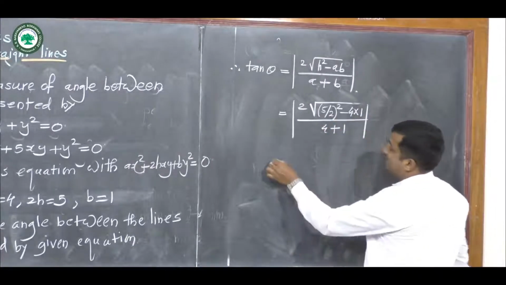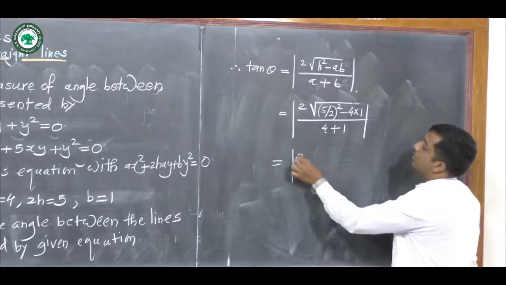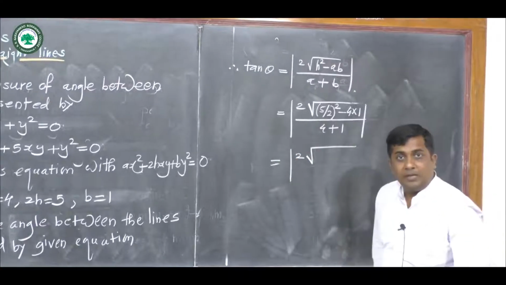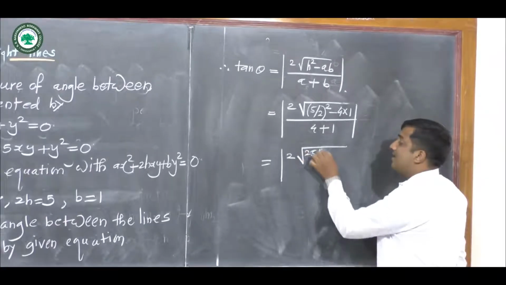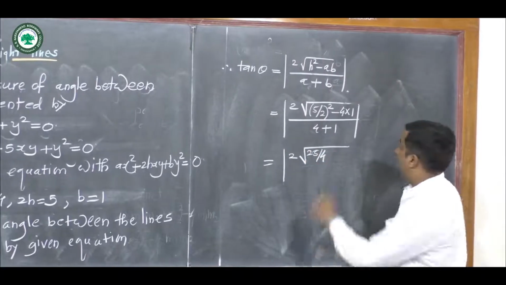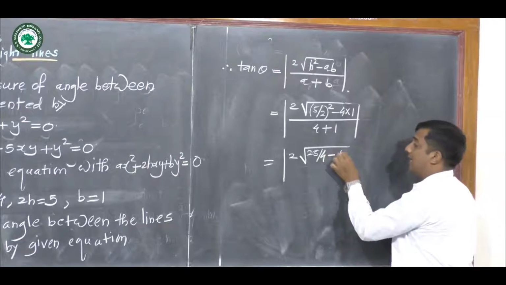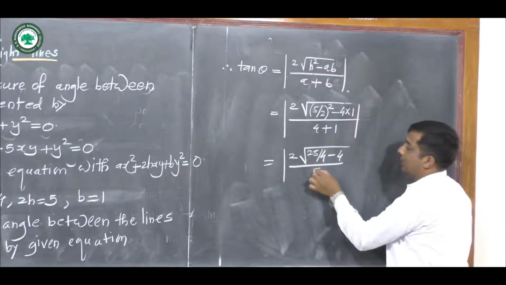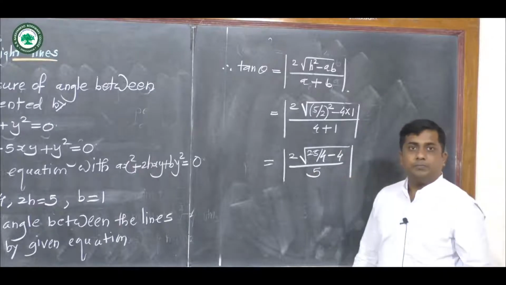Now this is equal to inside the mod 2 into square root of, we know 5 by 2 square is 25 by 4, then minus, we know 4 into 1 is 4, this divided by 4 plus 1 is 5.